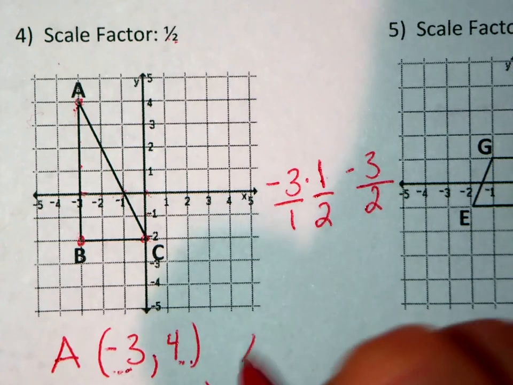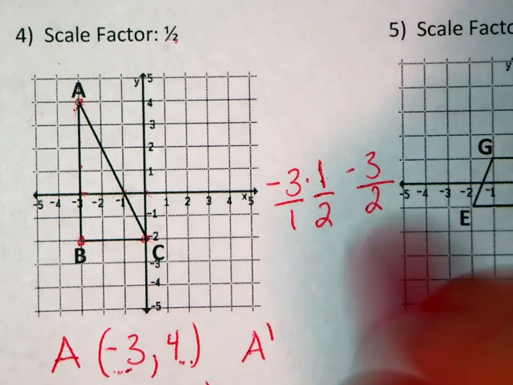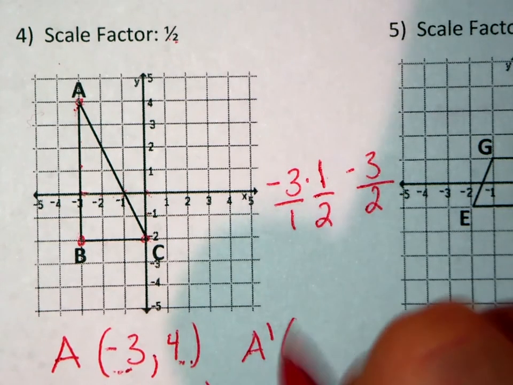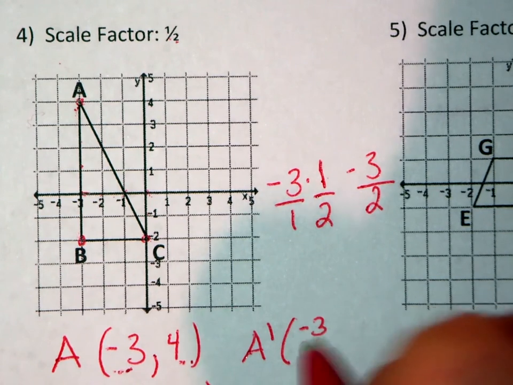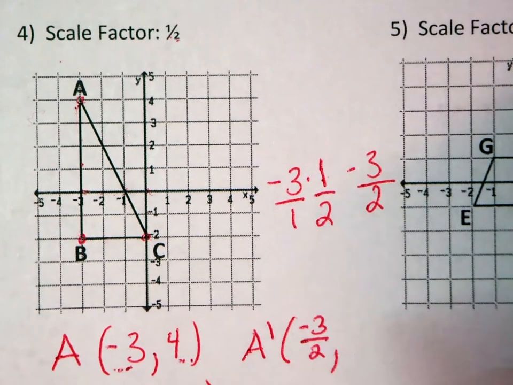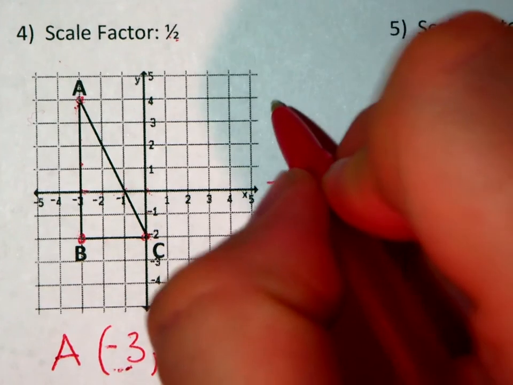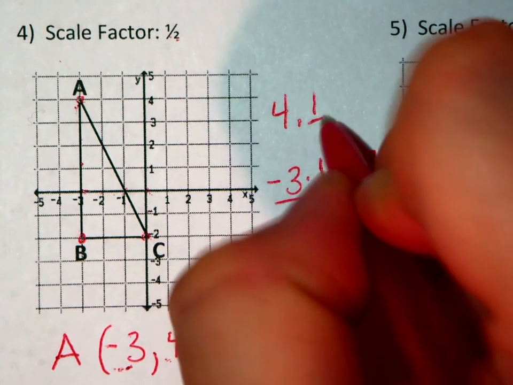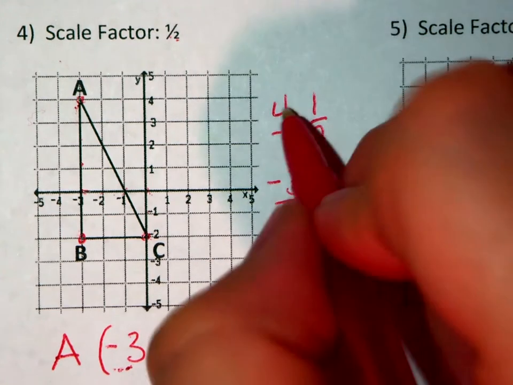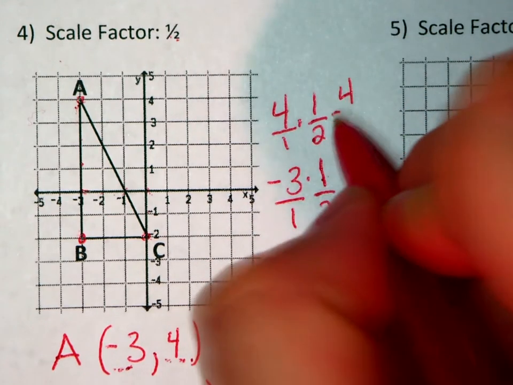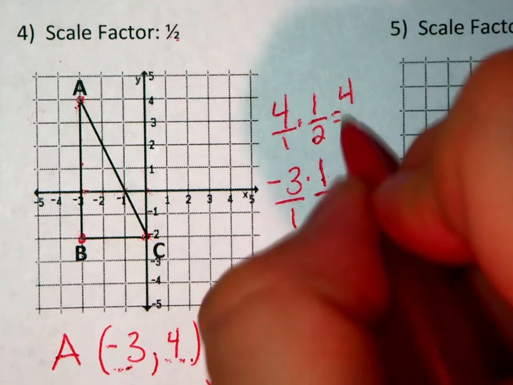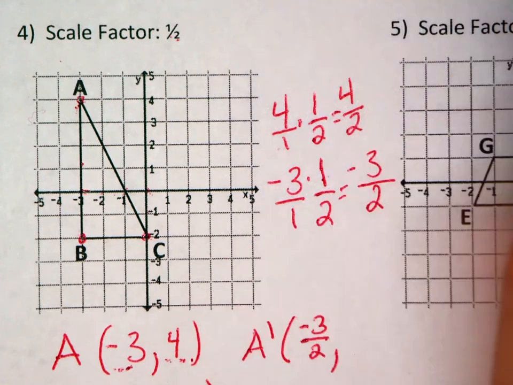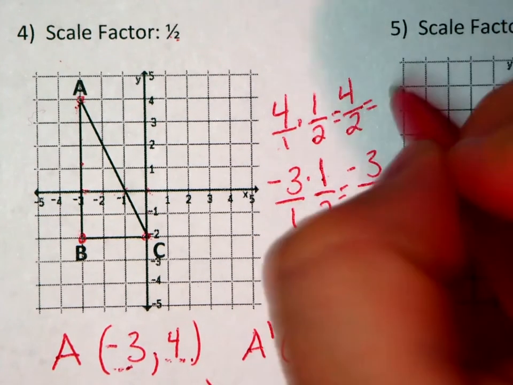So my A prime value would equal, for x, negative 3 over 2. I need to do the same thing for my y value, so I have a 4 for my y value, times 1/2. 4 times 1 is 4. 1 times 2 is 2. 4 over 2 simplifies to 2.